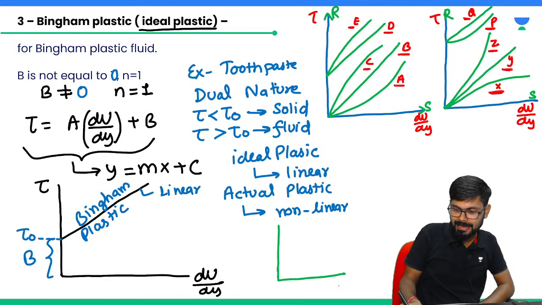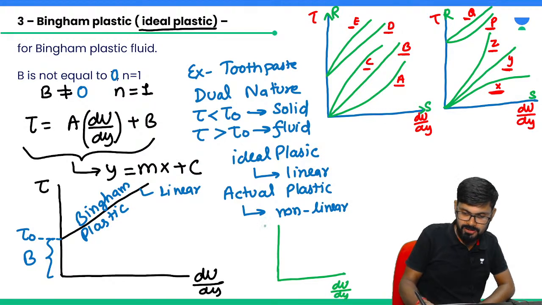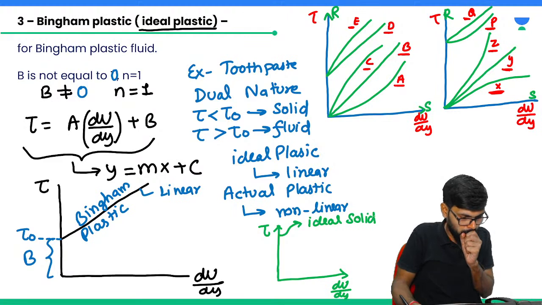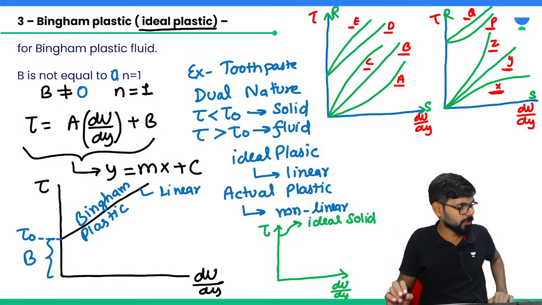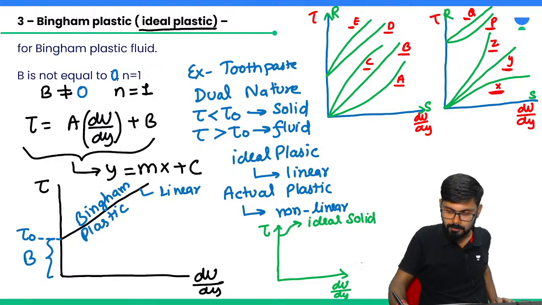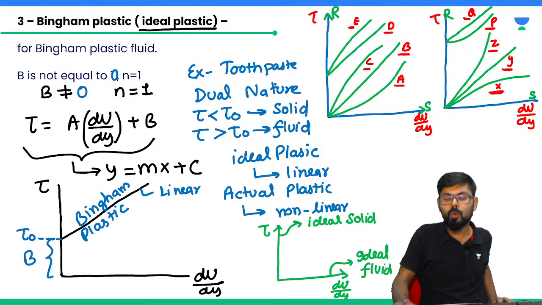Now in this diagram, this is du by dy, this is tau. Now this axis is representing ideal solid. I will tell you why. And this will represent ideal fluid. Why ideal fluid?